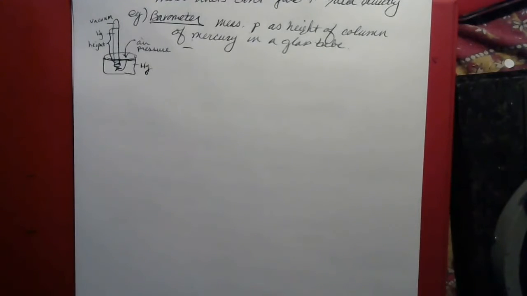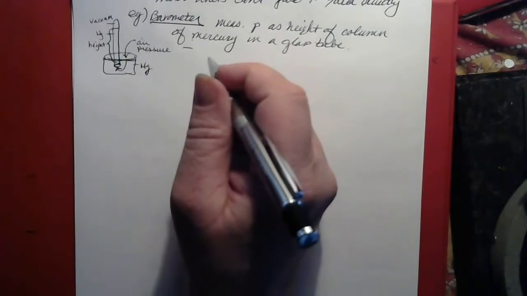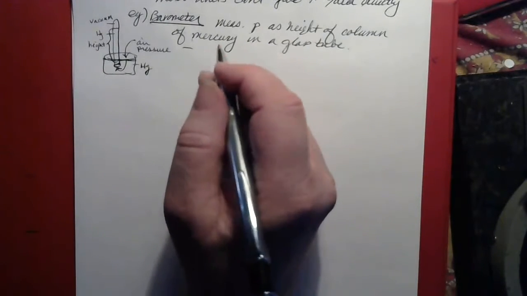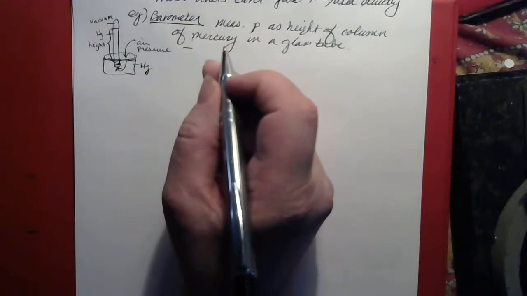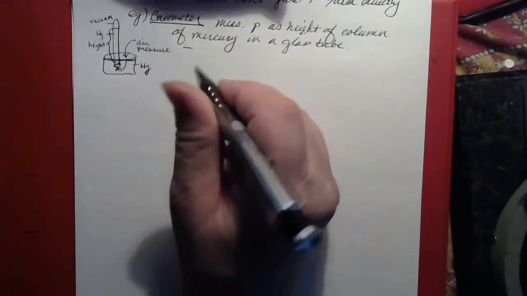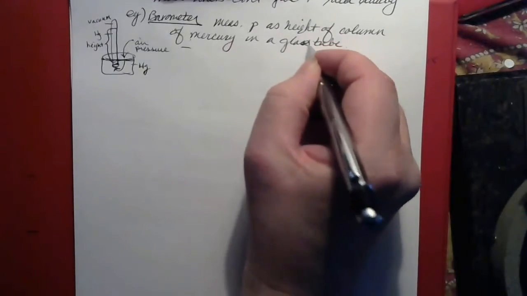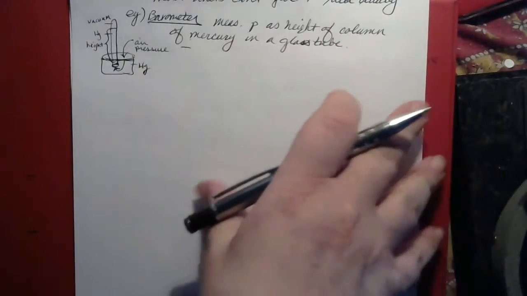And so that's why they use a really dense liquid like mercury. Also, mercury makes it so that relatively small changes in atmospheric pressure will result in relatively large changes in the height of the column of mercury. So it's easy to measure changes in the weather by measuring its height.